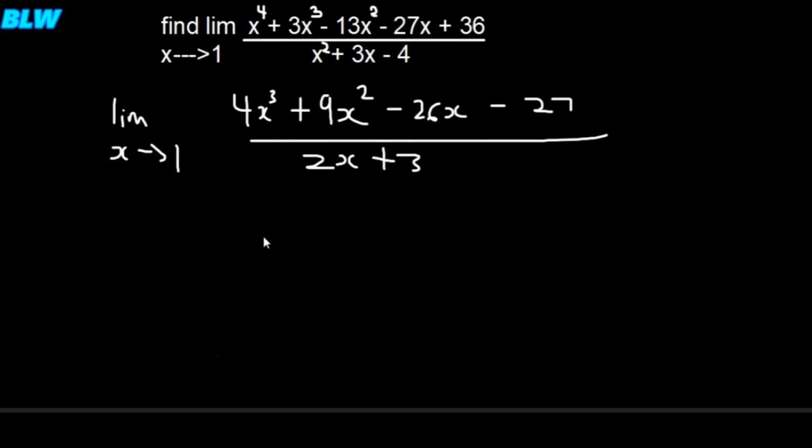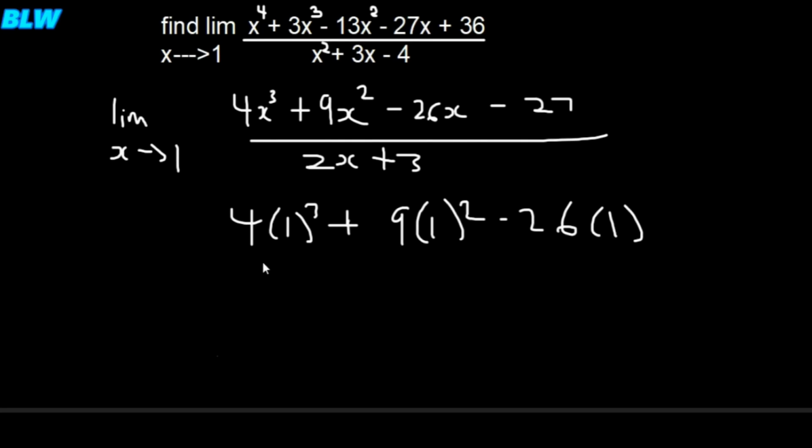So I've differentiated it now. From here I can put my 1 here to get my answer. So I now have 4 into brackets 1 to the power 3 plus 9 into brackets 1 to the power 2 minus 26 into brackets 1, all over, I almost forgot this, minus 27.